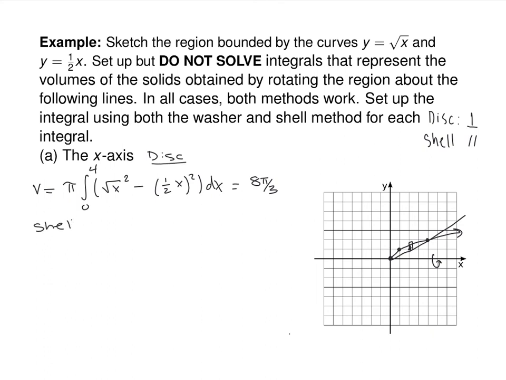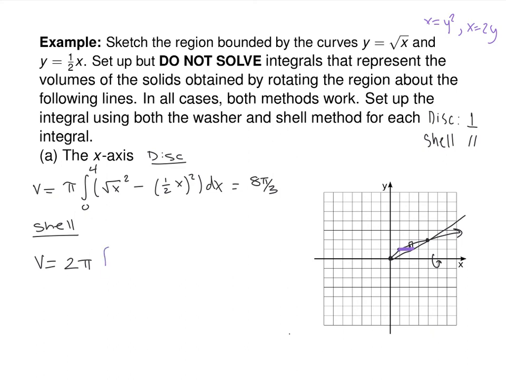If you do the shell method, so 2 pi, in this case we have to slice parallel to the axis of rotation, so like that. And we will have to solve both of these expressions for x. So x will equal y squared for the first one, and x will equal 2y.